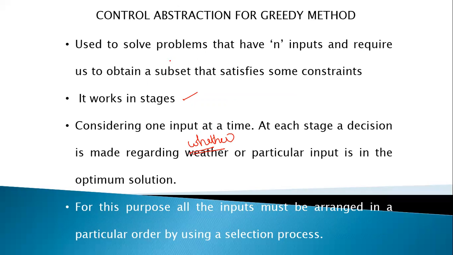If it satisfies the constraint, then we move forward and find another one. For this purpose, all the inputs should be arranged in a particular order by using a selection process. So before solving any greedy method application, we need to sort the n inputs.